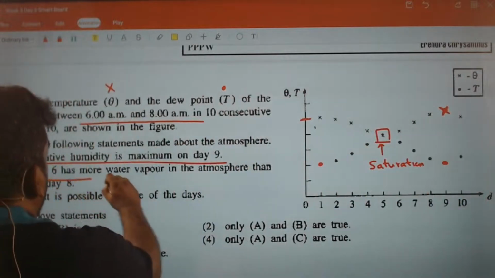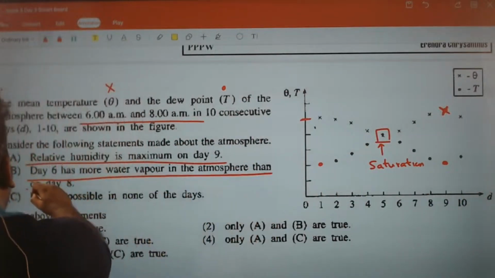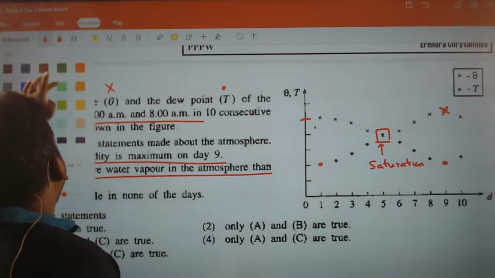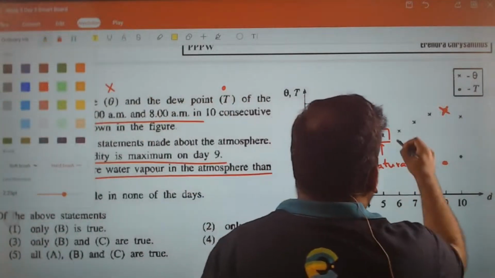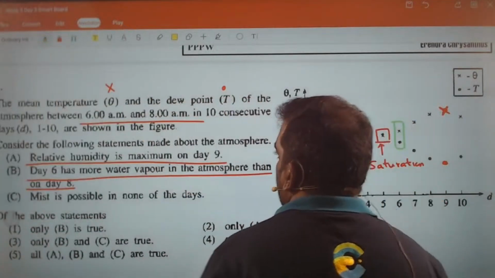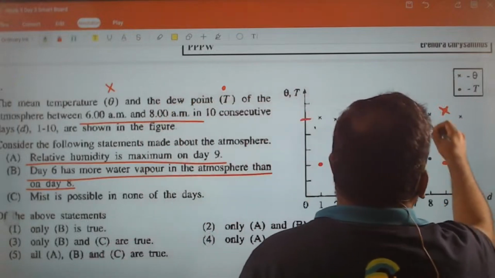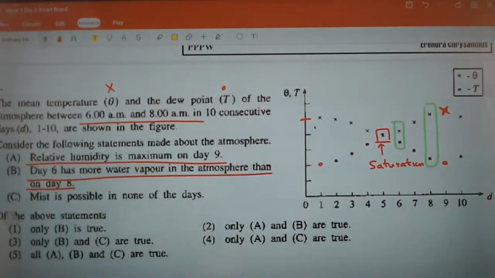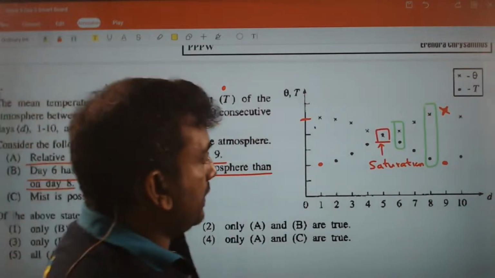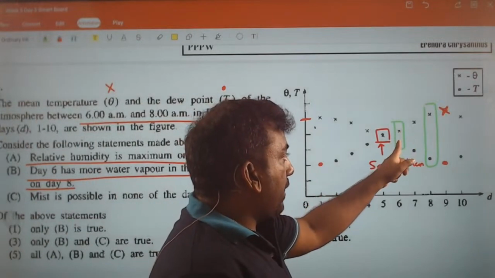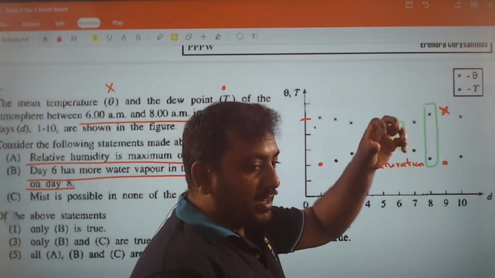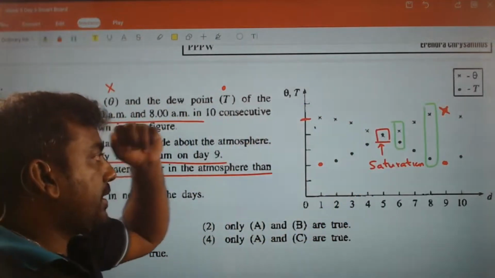Day 6 has more water vapor in the atmosphere than day 8. Look at day 6, here. Than day 8. What can you say here? Little by little, mean temperature is close to dew point, which means the water vapor content is large.